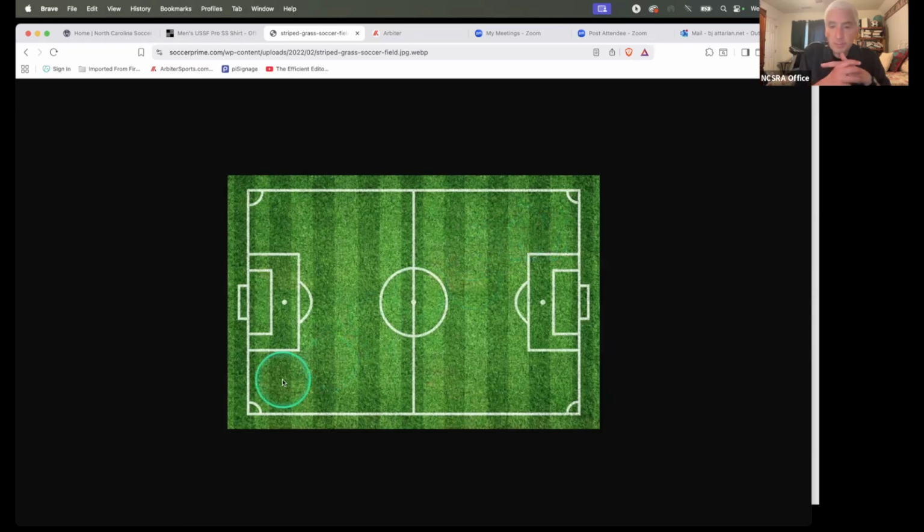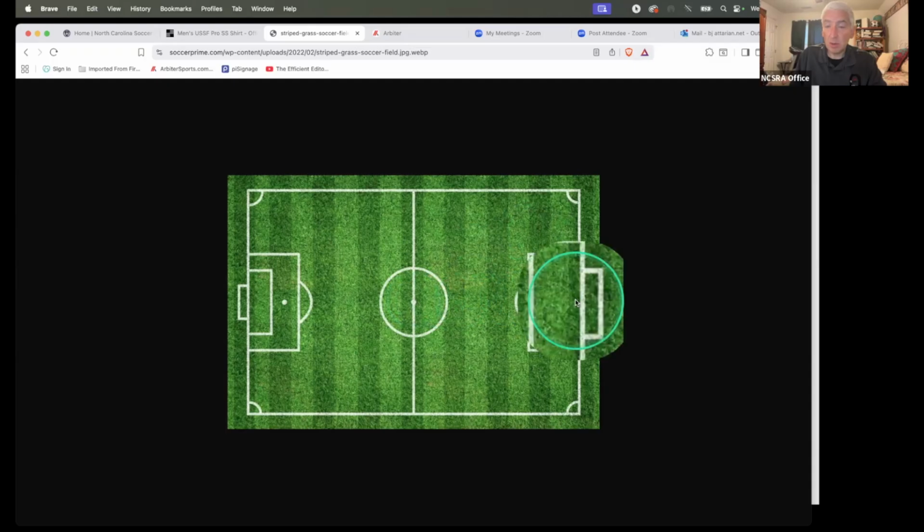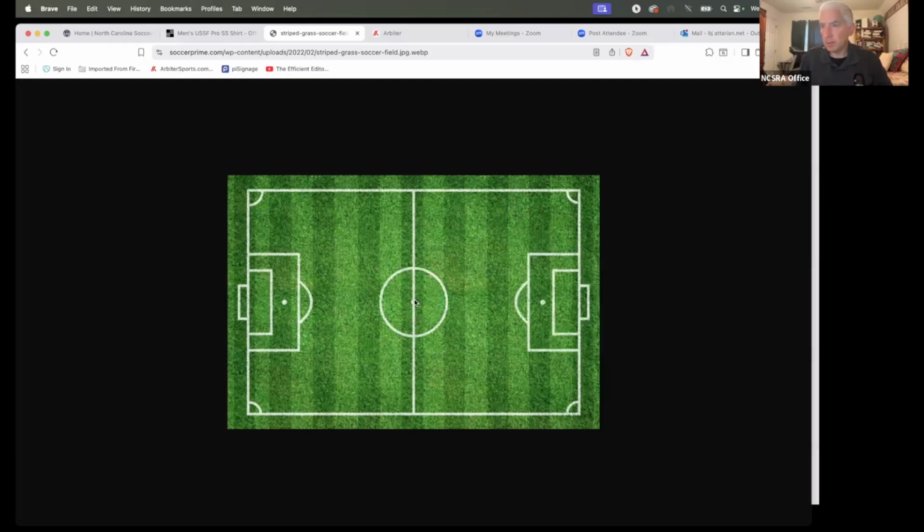Now, we're getting ready for a kickoff. The team that is kicking off is attacking this goal. What does it mean to be the lead AR? What do you think? The lead AR and the trail AR.